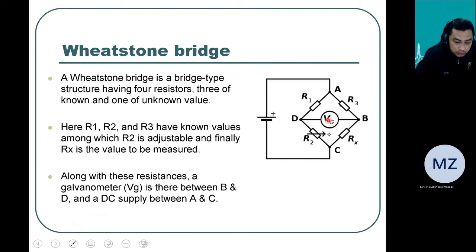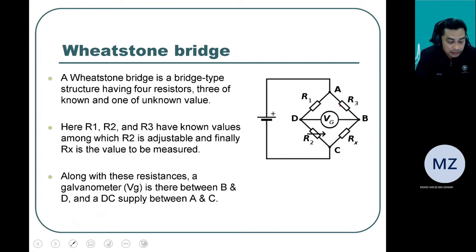From this one, we can convert into a value of strain by using an equation. I don't want to repeat this one, you just look into the slide. But for this one, the VG is important for us to maintain the stability or the balance of the circuit.